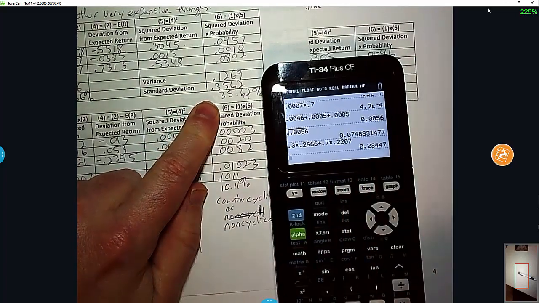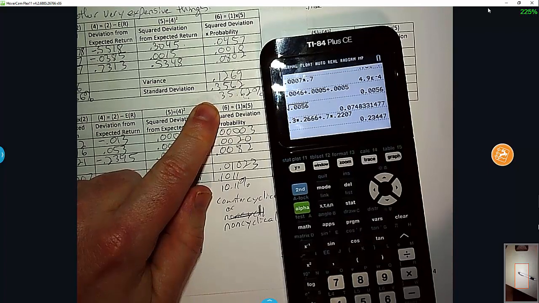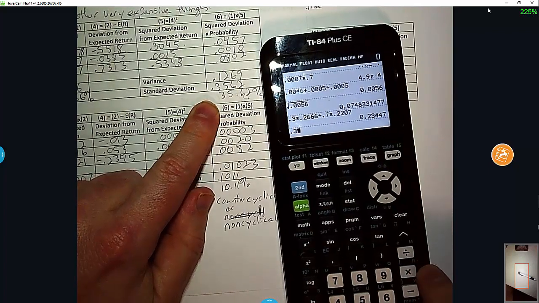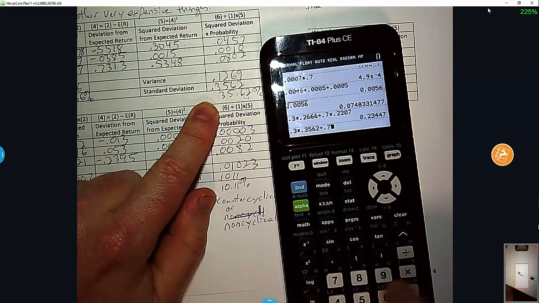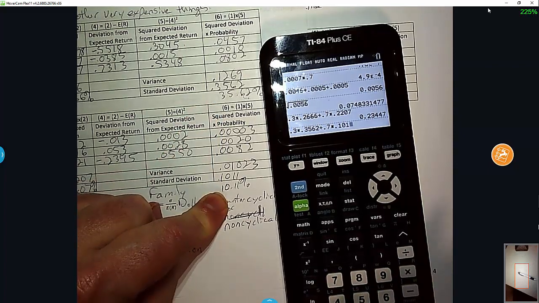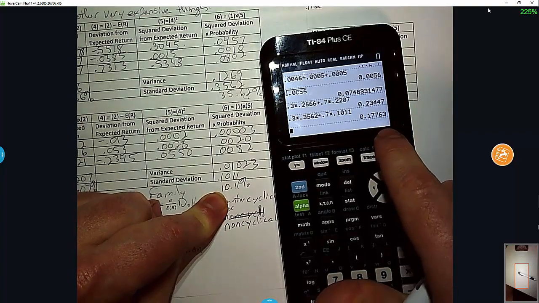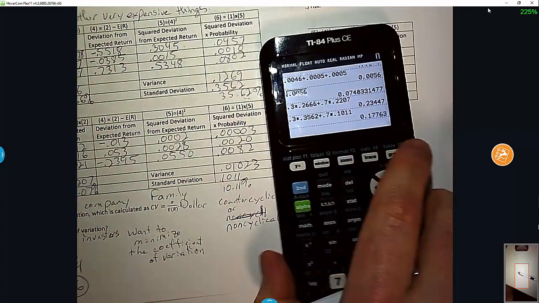Okay, so the expected return for a portfolio of 2 stocks is the weighted average of the returns for the individual stocks. However, if we take the weighted average of these two, we're not going to get 7.48%. So just to demonstrate again, my weight in Tiffany is 0.3 multiplied by 0.3562 plus 0.7 multiplied by 0.1011 gives me a value of 17.76%.